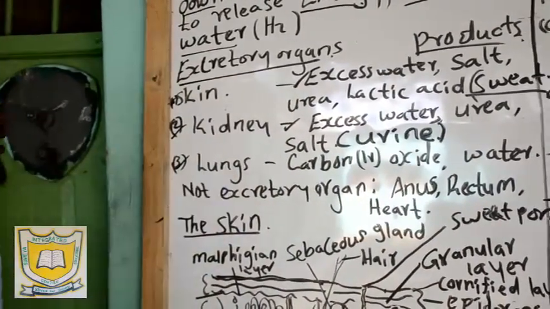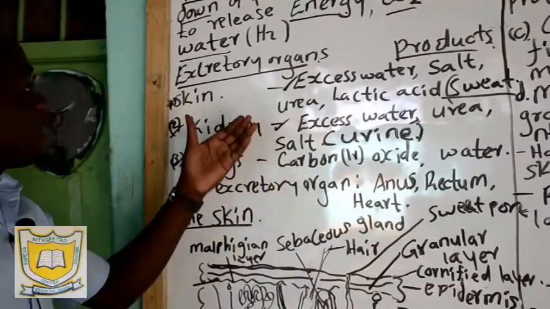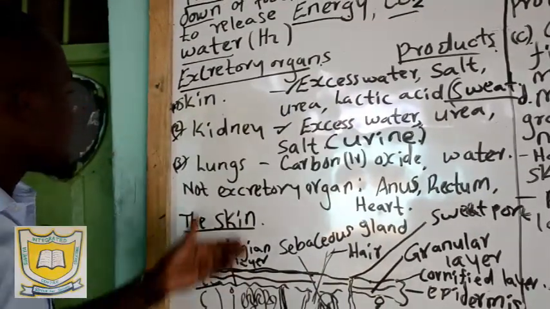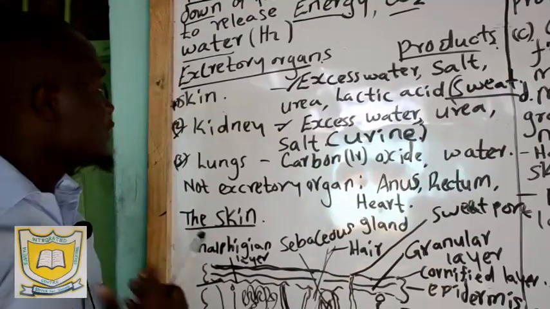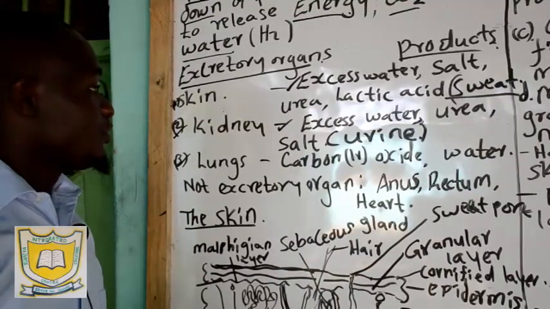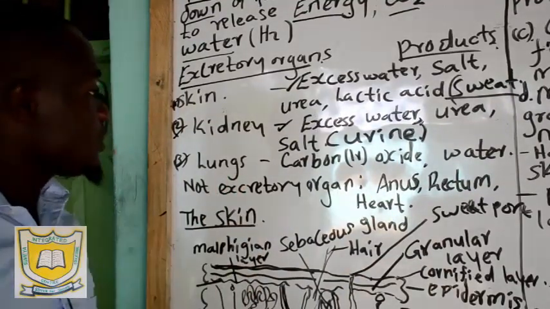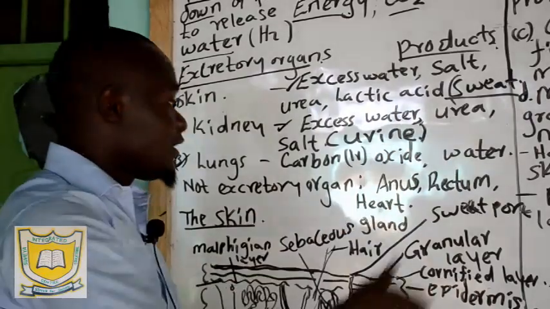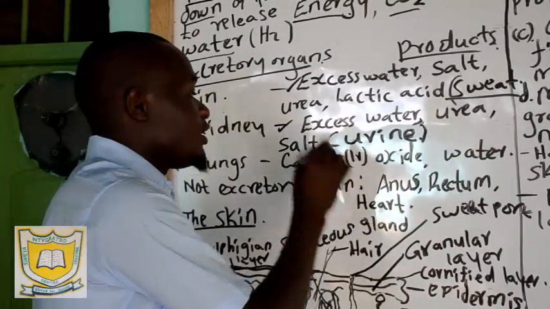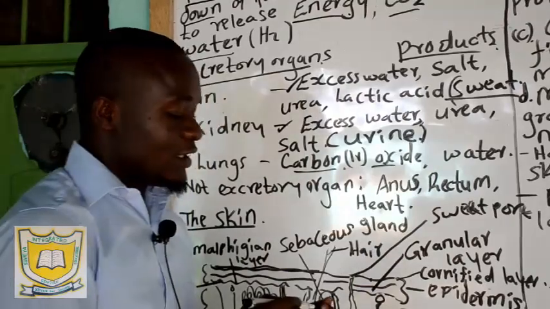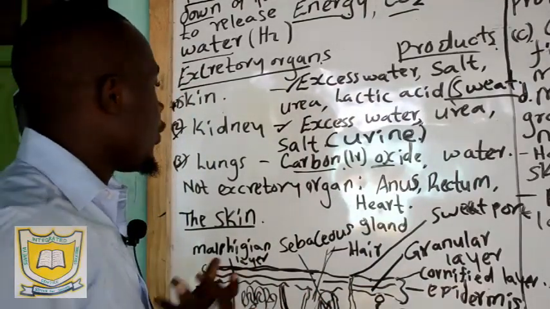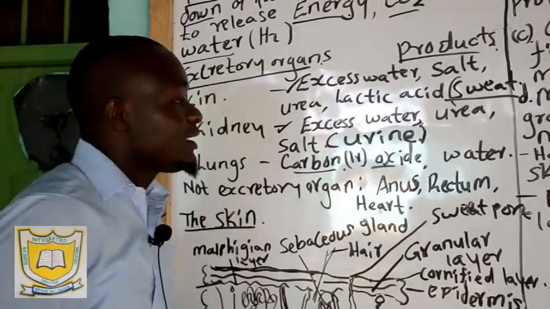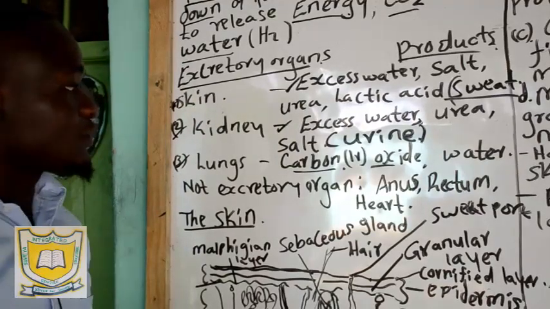We move to the third excretory organ and its products, that is the lungs. The lungs are used for breathing. When you breathe in, oxygen is used, but there is a release of another gas called carbon dioxide. Carbon dioxide is released from the lungs, so that's why we say the lungs are excretory organs.